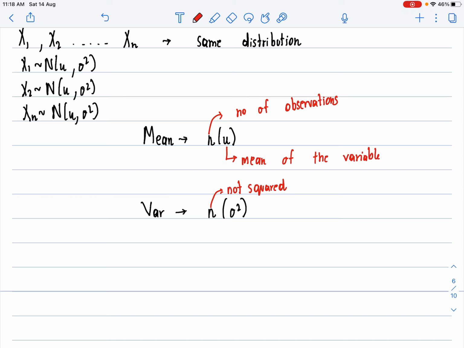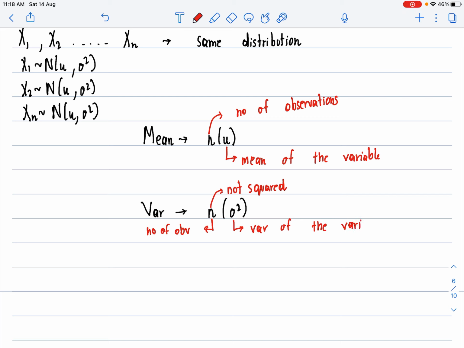Whenever there are independent observations, the n is not squared while calculating the variance. And this is the variance of the variable which will be provided.